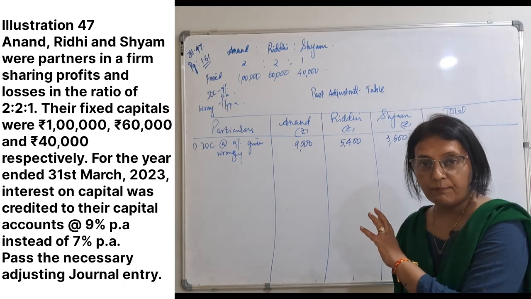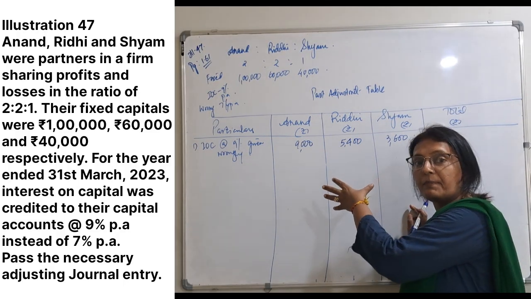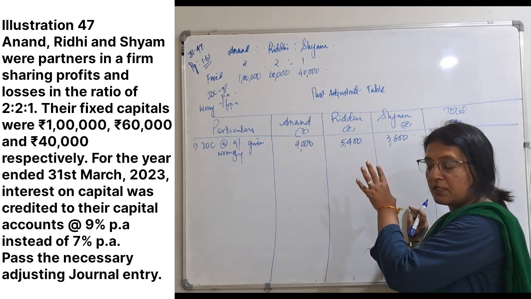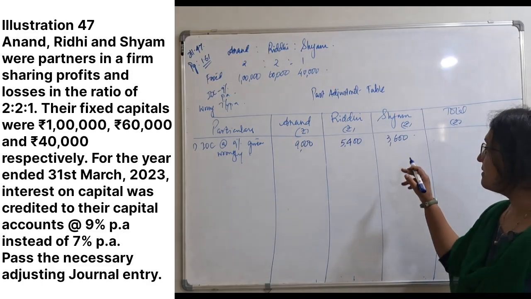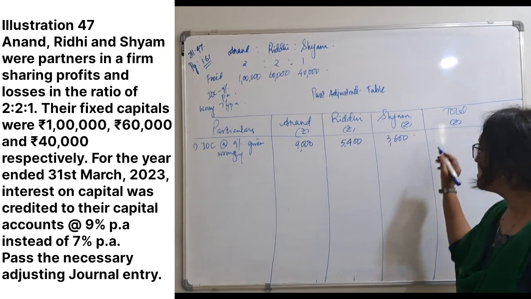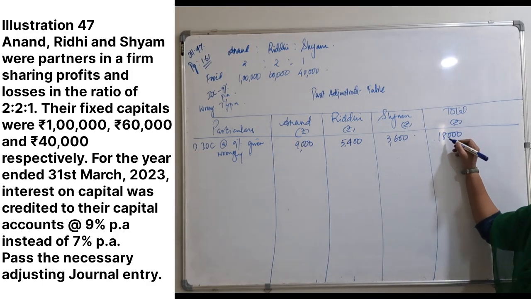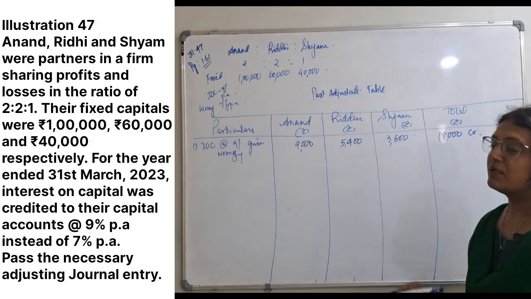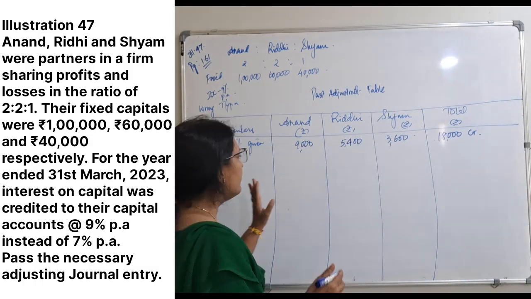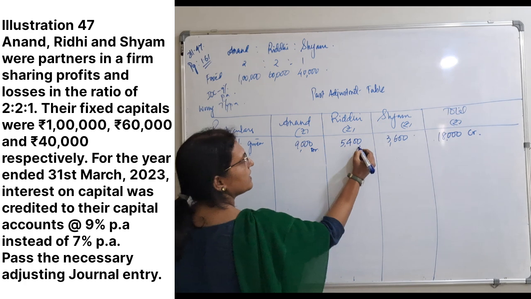This is the interest on capital we have given wrongly. The total is 18,000. We have debited their capital, which means we have taken away from them.